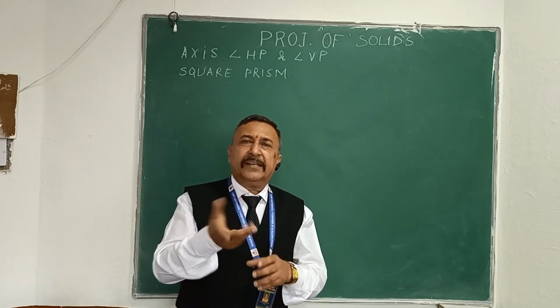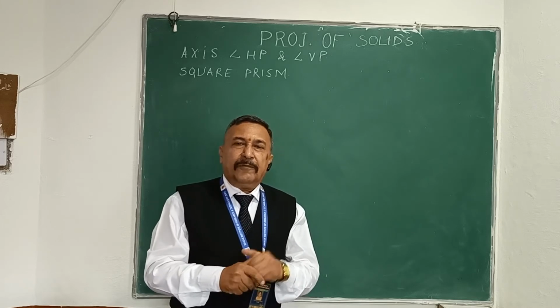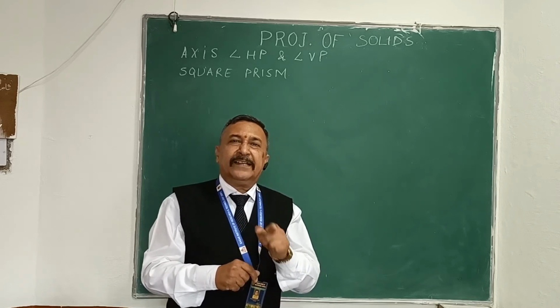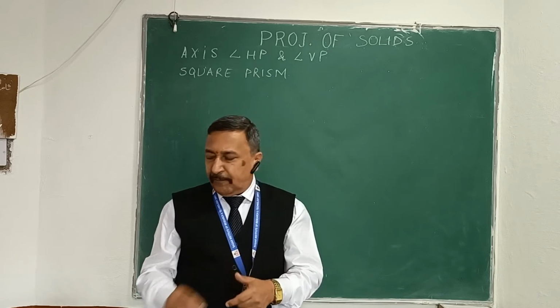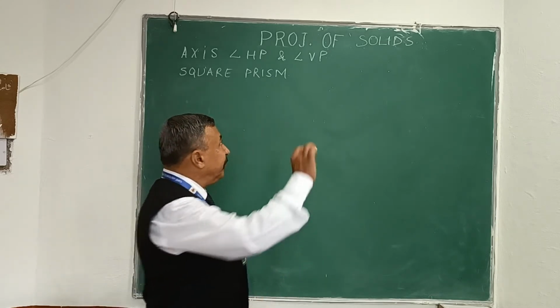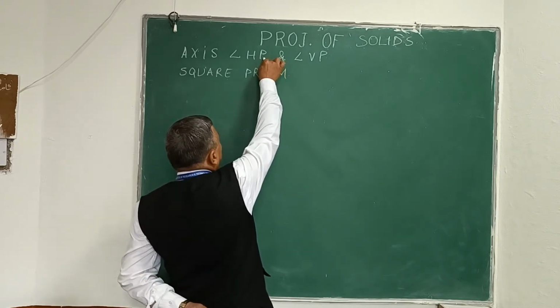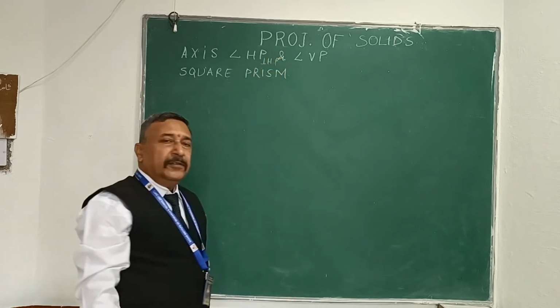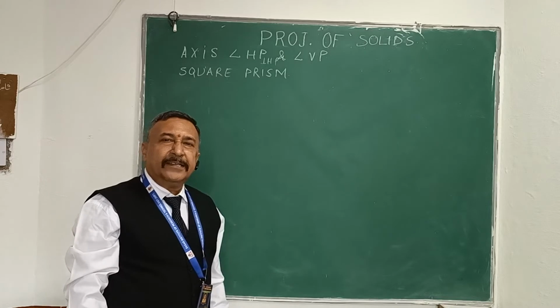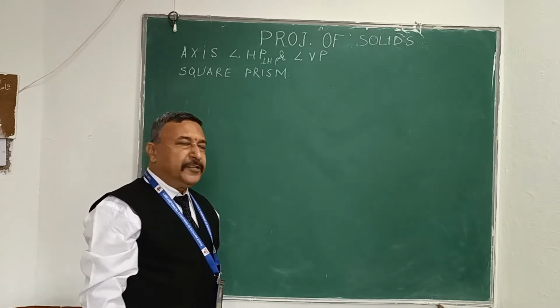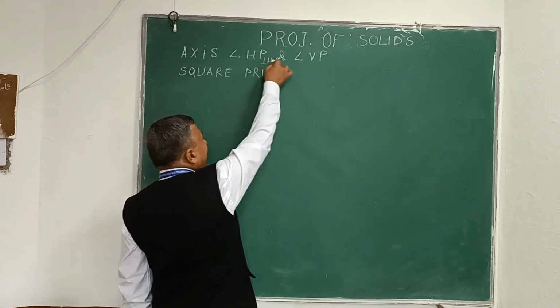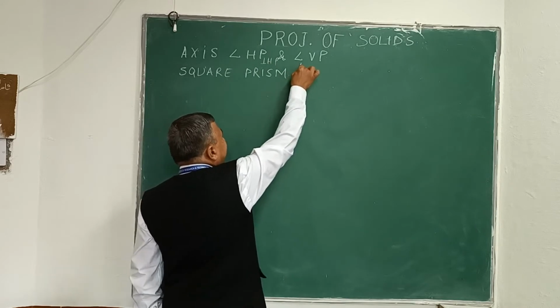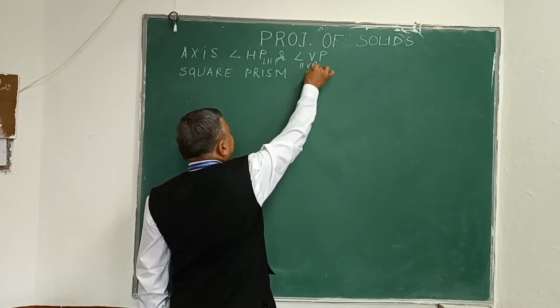So we start from axis inclined to HP. First we assume that axis is perpendicular to HP, and when axis is perpendicular to HP, the initial position is axis parallel to VP.